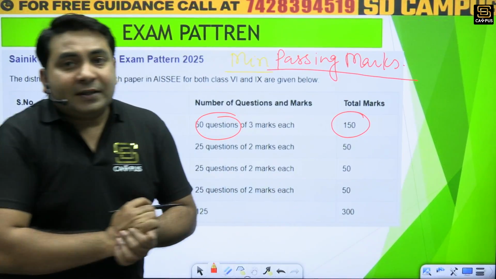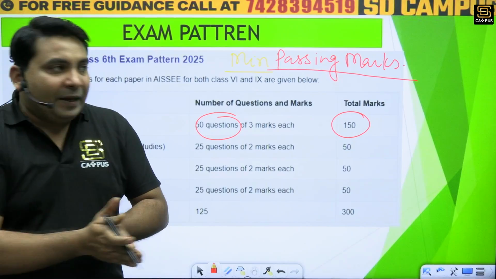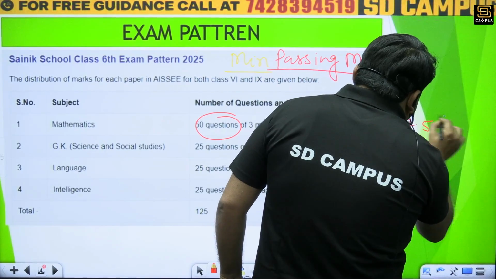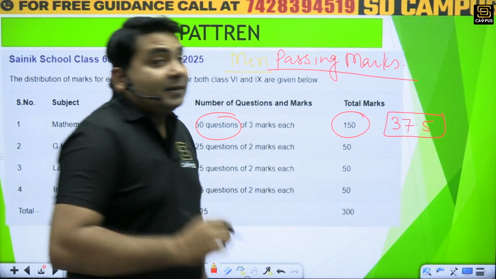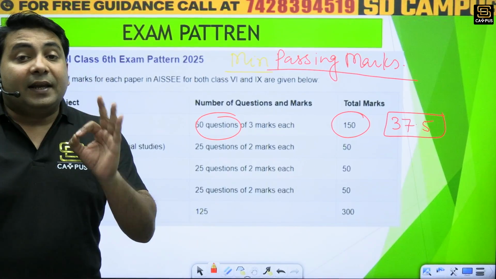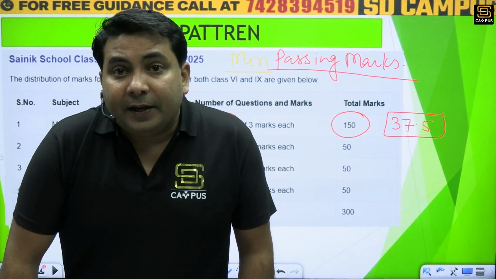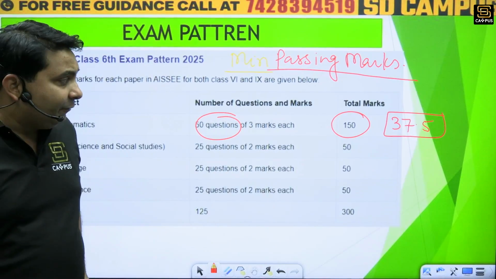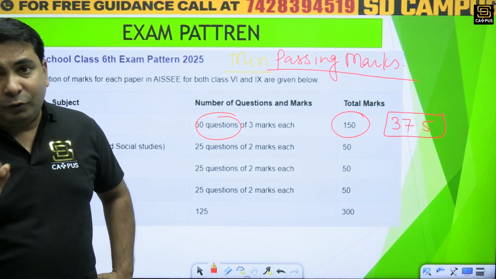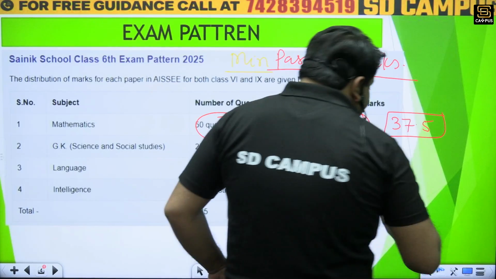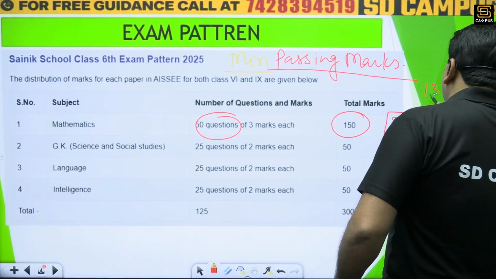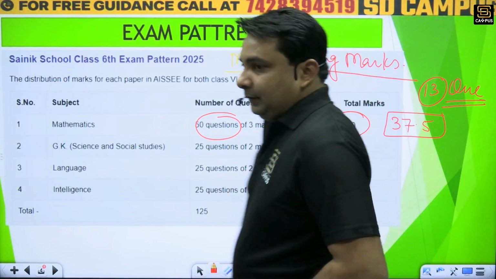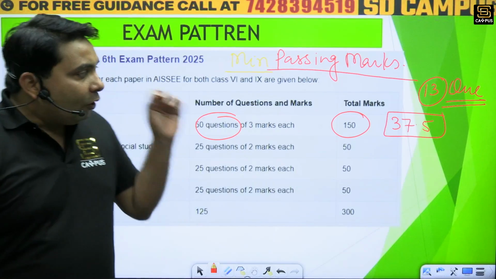So what is the minimum qualifying marks? The minimum qualifying marks is 37.5, and you know that there's a good thing in the exam: there is no negative marking. So how many questions do you have to answer correctly at least? A minimum of 13 questions you have to solve correctly.